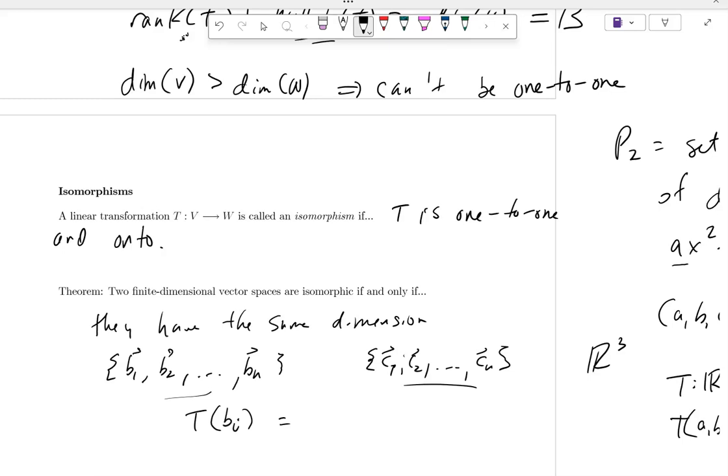Yeah, just take b sub i and map it to c sub i, right? Now remember, what did we say about transformations? If you know what a transformation does to a basis, then we know completely what the transformation does, right? As soon as I write that, I've completely determined what the transformation is.